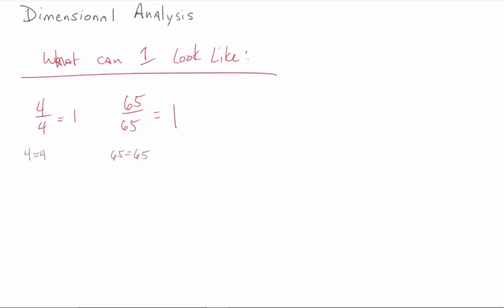Now, what if I come over here and I say that this is also equal to 1. And then I'm going to even try and confuse you more by saying 1 equals 2.54. And I'm going to say that is a true statement because I'm going to put units on my number. All right? So here we go.